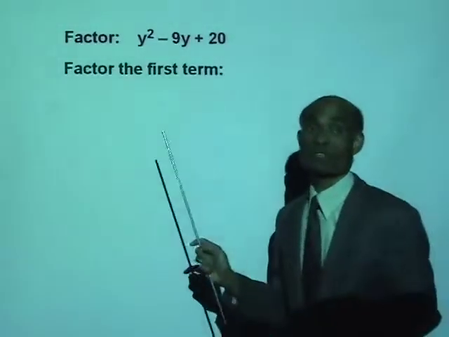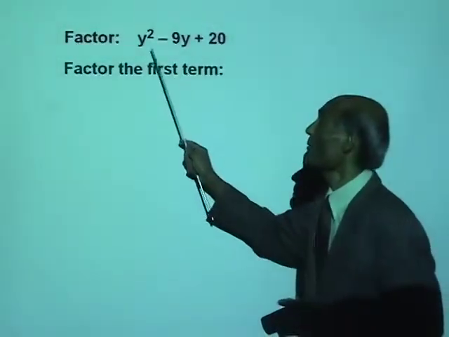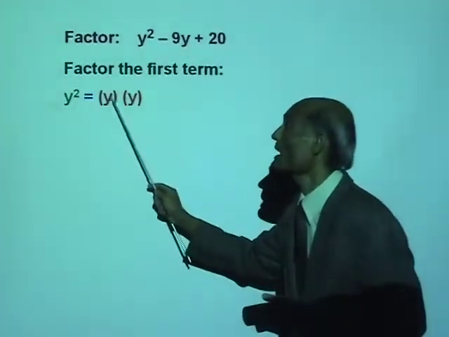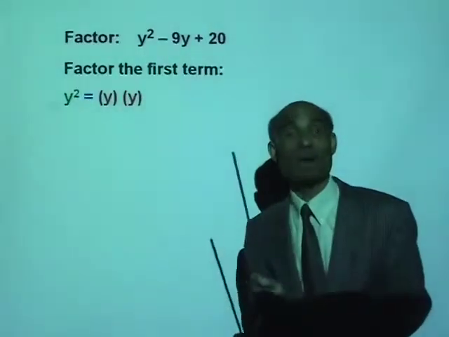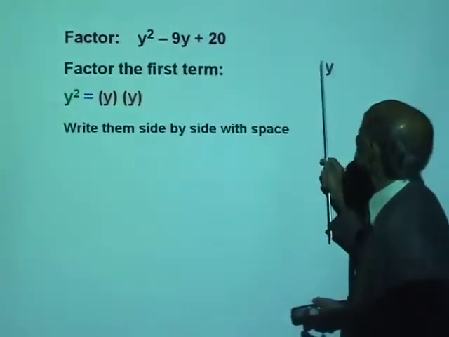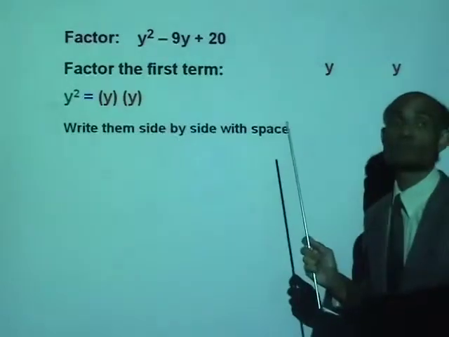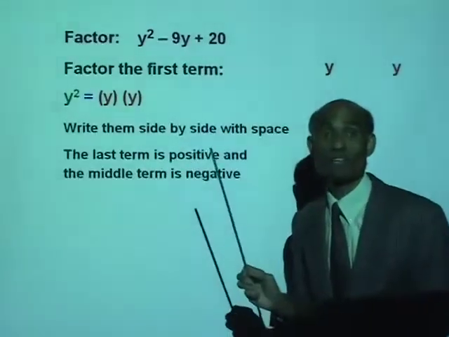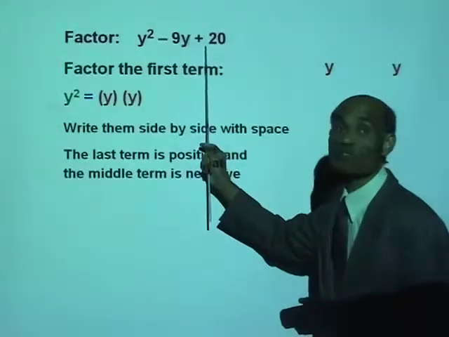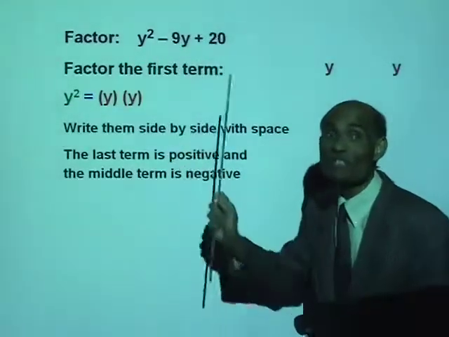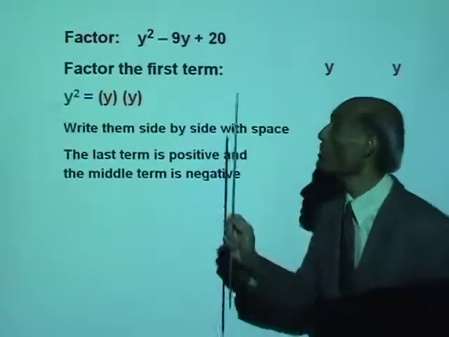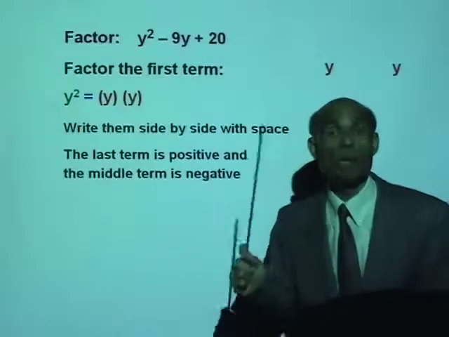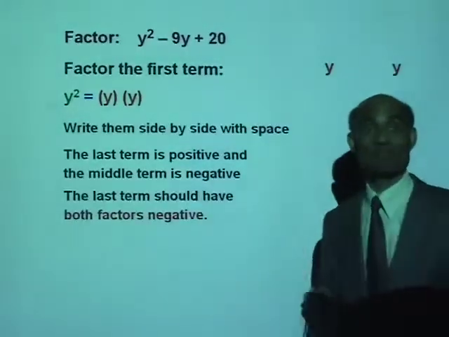Alright, how do we start this? Factor the first term. Y squared can be factored only one way. Y squared equals y times y. Write them side by side as usual. Now factor the last term, positive 20. The last term is positive and the middle term is negative. That means both the factors of positive 20 must be negative.